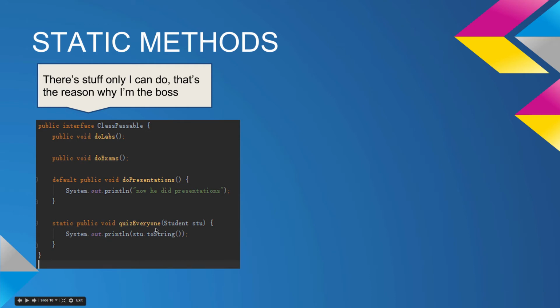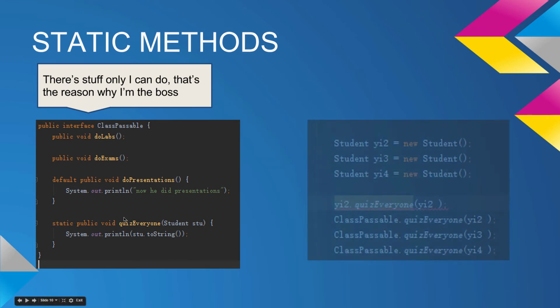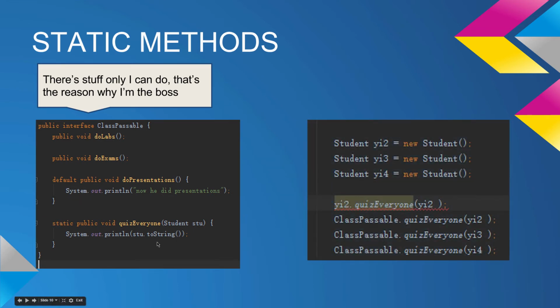So if you have a static method in the interface, you couldn't call that method from the concrete classes. Instead, you call it directly from the interface. So it's interface dot that static method.